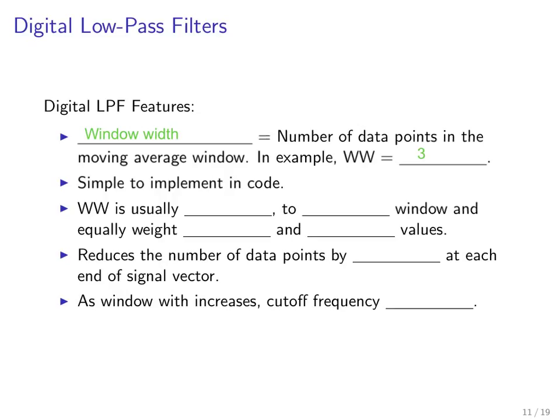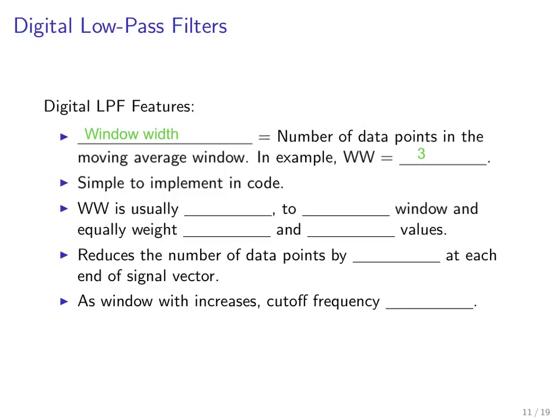Moving average filters are probably the easiest filters to implement in code. They're super easy. You just move through your signal and you calculate the average of however many consecutive samples correspond to your window width.